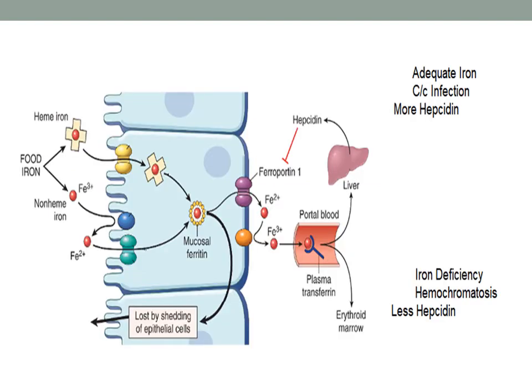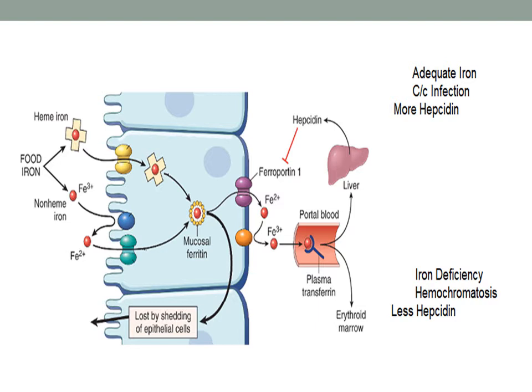At first, it's very important to understand iron absorption. There is heme iron, which is present as the ferrous form, which is Fe2+, in meat products, and there is non-heme iron, which is present as Fe3+, which is found in plant-based food. The heme iron enters the enterocyte via the heme iron transporter, which is the yellow one, to the cytoplasm, and the non-heme iron cannot enter the enterocyte because it is in its ferric form.